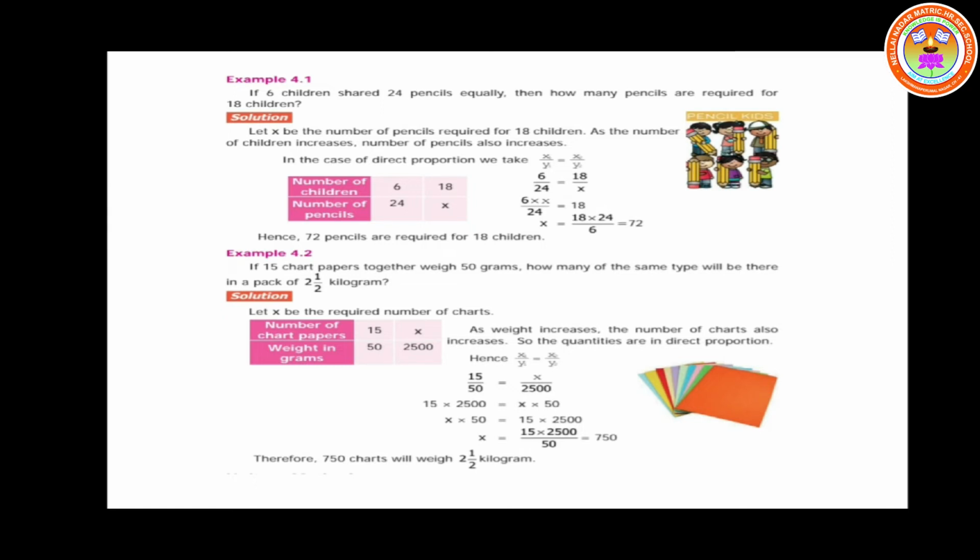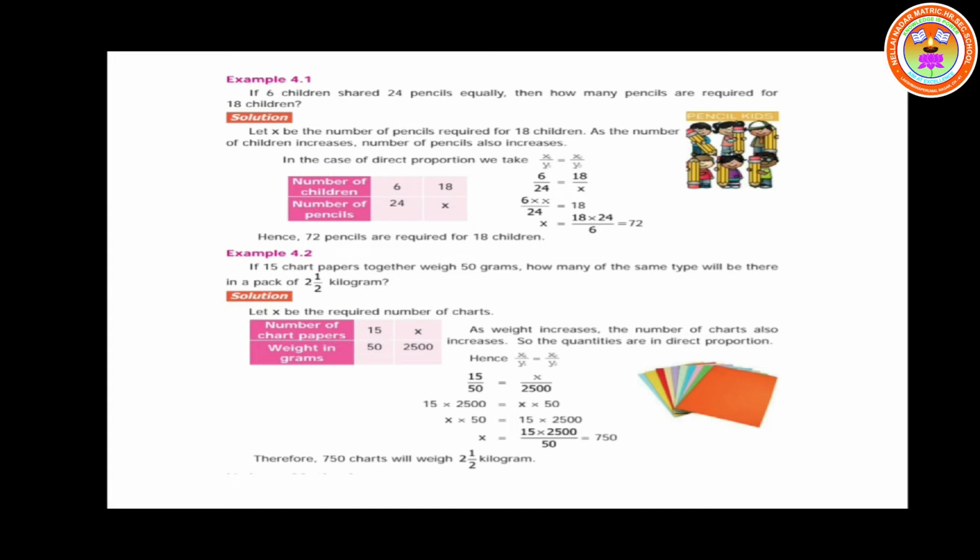Now let us go for the calculation part. So x1 is 6 and y1 is 24, x2 is 18 and y2 is x, the value we have to find. Let us substitute in the formula: x1 by y1 is equal to x2 by y2. So 6 divided by 24 is equal to 18 by x.